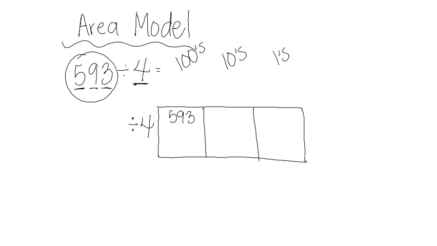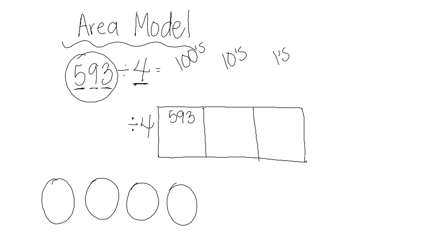So we're going to start in this hundreds column, and we need to think. We're going to have 4 groups, right? 1, 2, 3, 4. So we have 4 groups, and we have 593 that we want to evenly distribute as much as we can in each of the groups. So we've got 5 hundreds. I need to think 4 times how many hundreds would give me 5 hundreds. I can always start with 4 times 100, and that would give me 400.